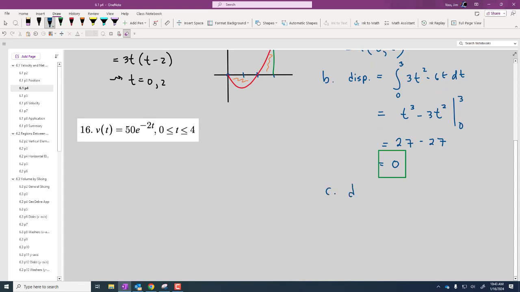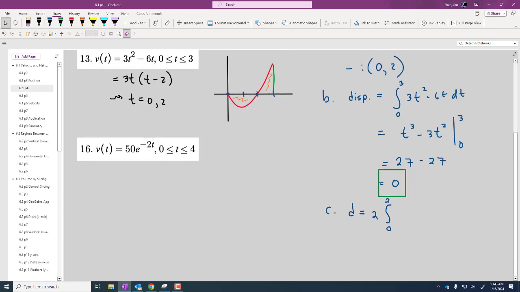So the distance traveled, we'll call it d, will be 2 times the integral. Now let's focus on the 0 to 2 one. There's the velocity function, but if I'm integrating from 0 to 2, that's a negative velocity, so we have to multiply by -1 to make it positive.